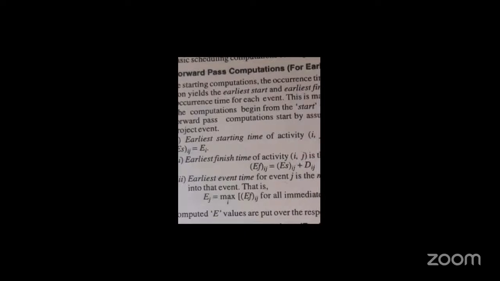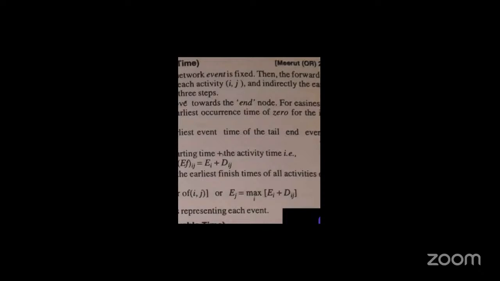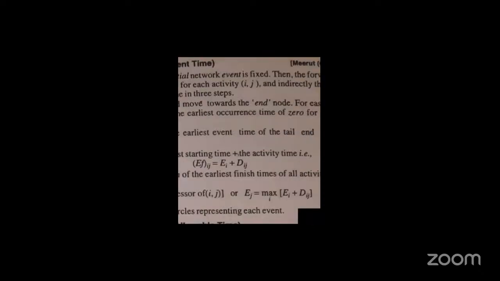That distance is assigned as the earliest event time for event D. So the earliest event time for j is the maximum of the earliest finish times of all activities ending in that event, that is, Ej equals the maximum of the earliest finishing times of all immediate predecessors of (i, j), or Ej equals the maximum of Ei plus Dij.